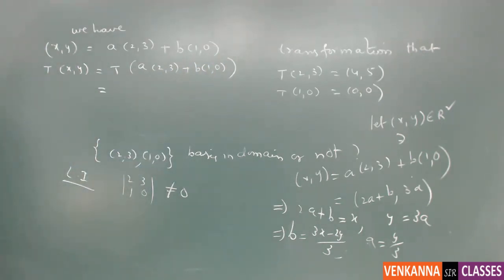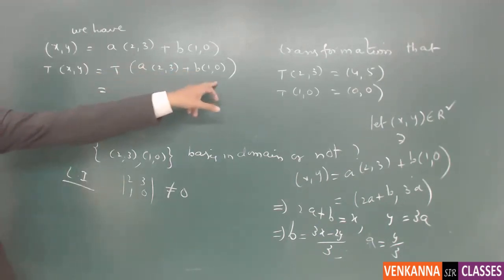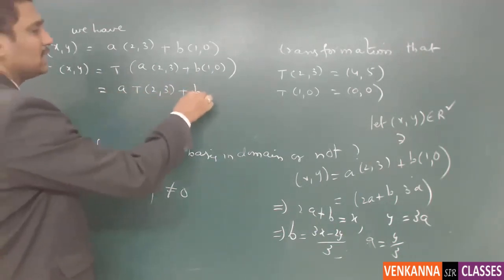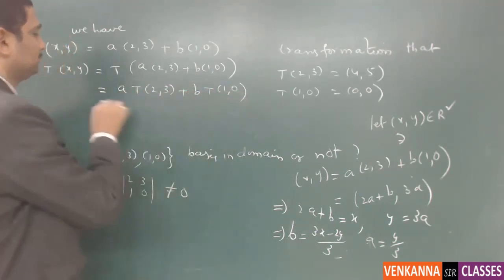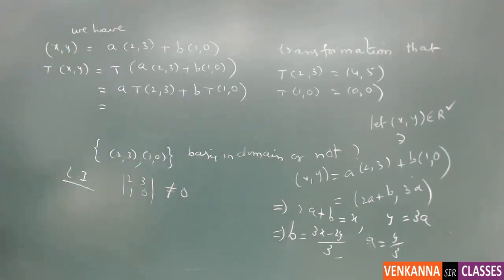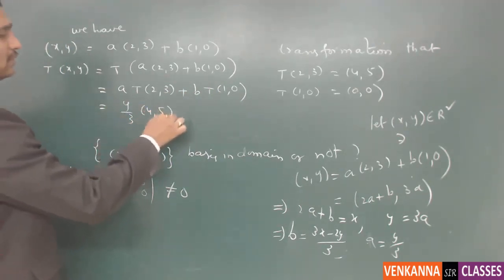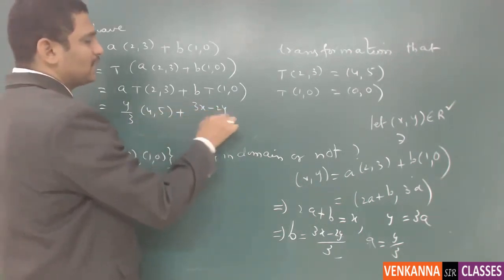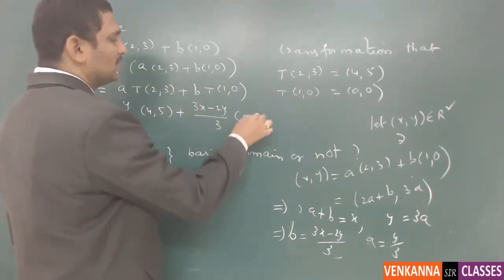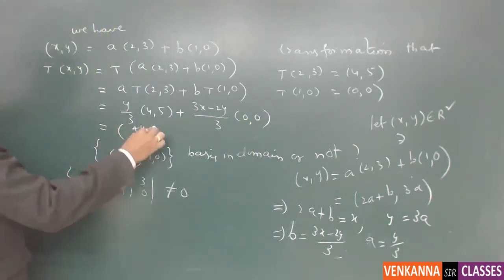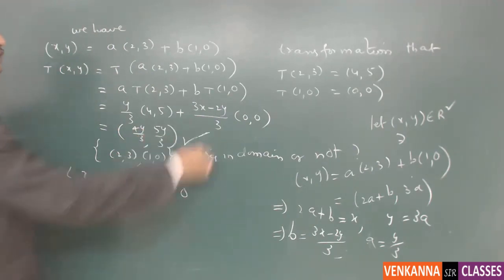Since T is a linear transformation, it is of the form T of (a alpha plus b beta), applying the condition a into T of (2, 3) plus b into T of (1, 0). Substituting the image values as well as the scalar values, you will get y by 3 into (4, 5) plus (3x minus 2y) by 3 into (0, 0). So this is nothing but (4y by 3, 5y by 3).